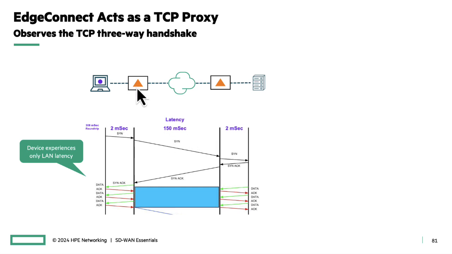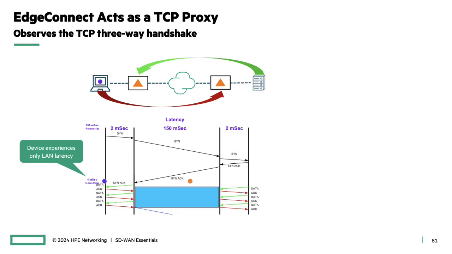The EdgeConnect acts as a TCP proxy on behalf of the remote device, acting as a sort of man in the middle in the TCP session by acknowledging packets within 2 milliseconds, which allows the laptop to send packets much sooner. The LAN device can transmit as fast as possible, reducing round-trip time down to 4 milliseconds.